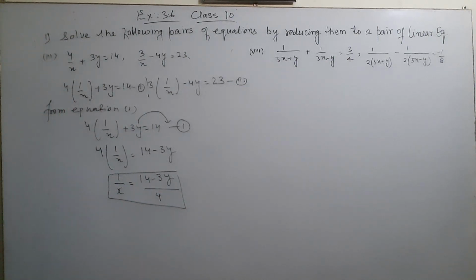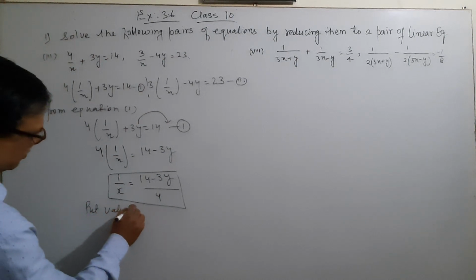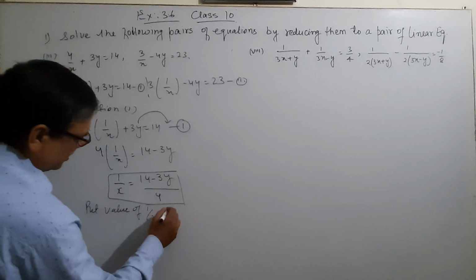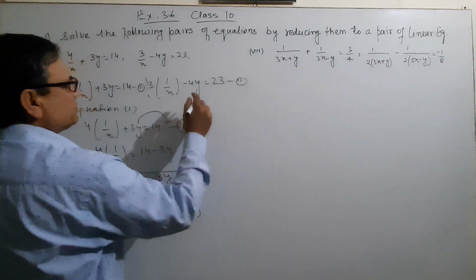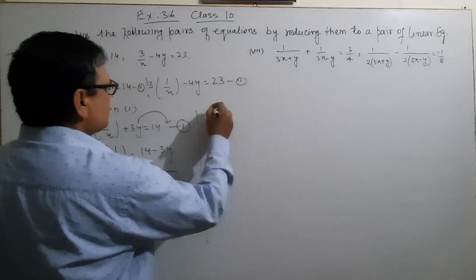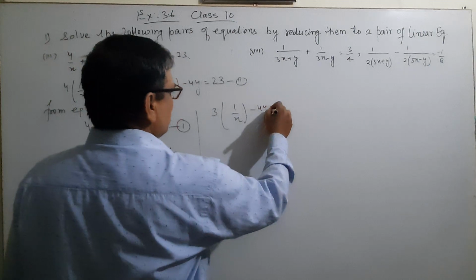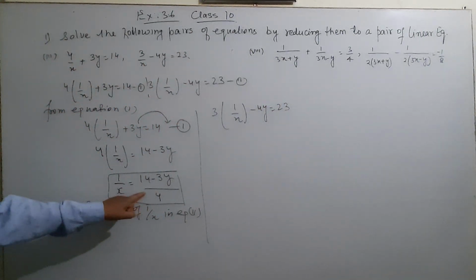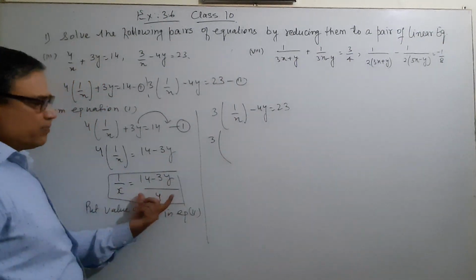And this value of 1 by x, put in equation second. What is equation second? This one, meaning 3 bracket 1 by x minus 4y is equal to 23, and 1 by x is equal to this one. So 3 bracket 1 by x, this is the 1 by x.